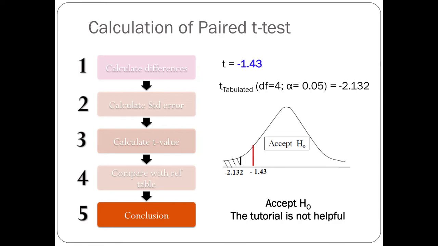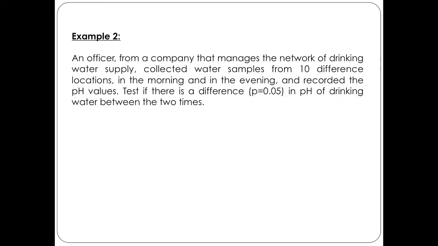Let us try another sample. In example 2, this is the scenario given. An officer from a company that manages the network of drinking water supply collected water samples from 10 different locations in the morning and in the evening and recorded the pH values.